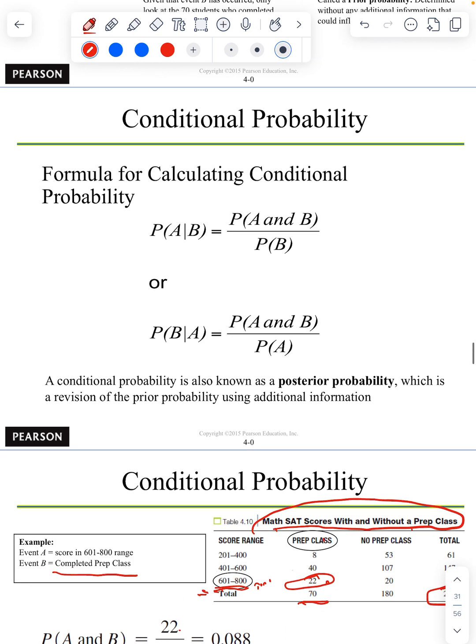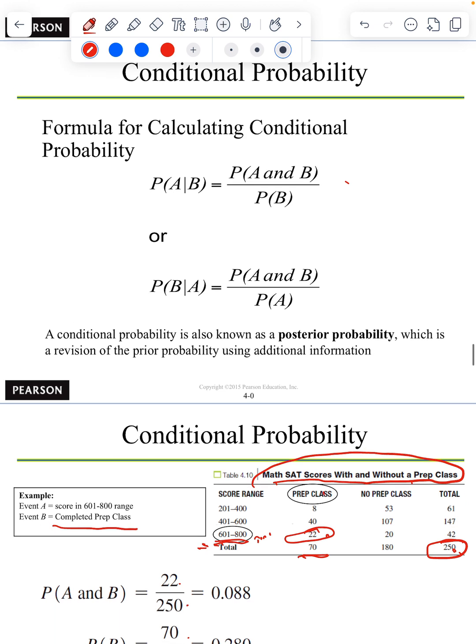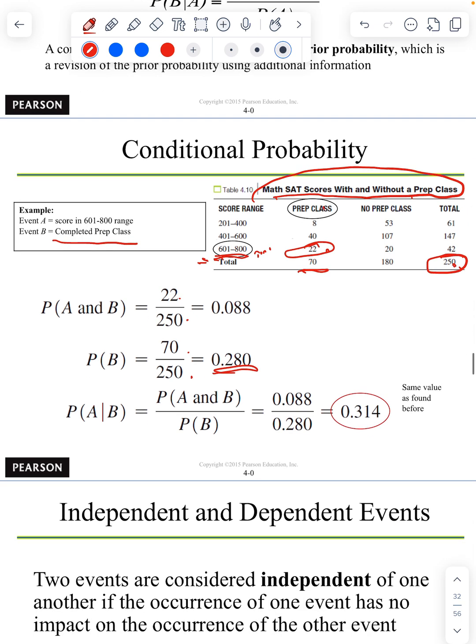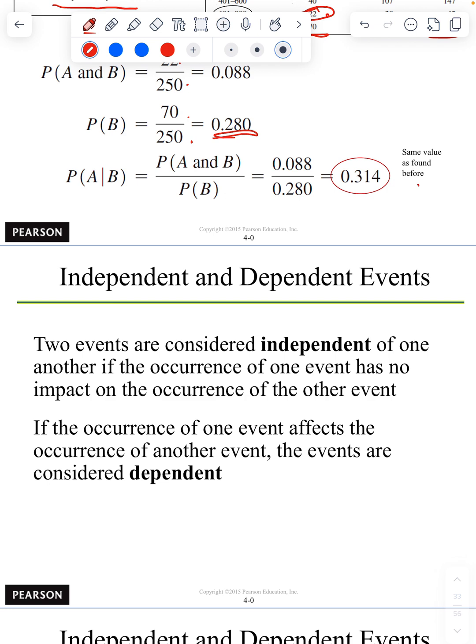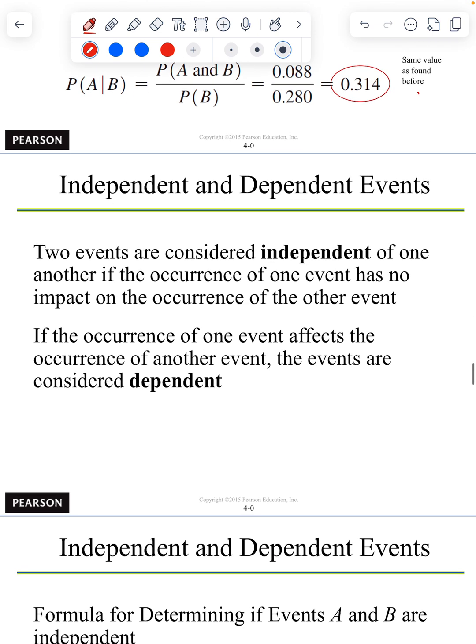Because I'm looking at calculating conditional probability. So I've got 0.088 over 0.280, which is the same value as before. We're just looking at different ways to look at your independent and dependent events.